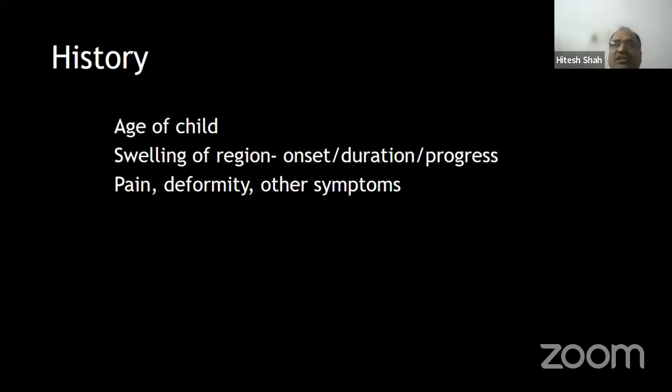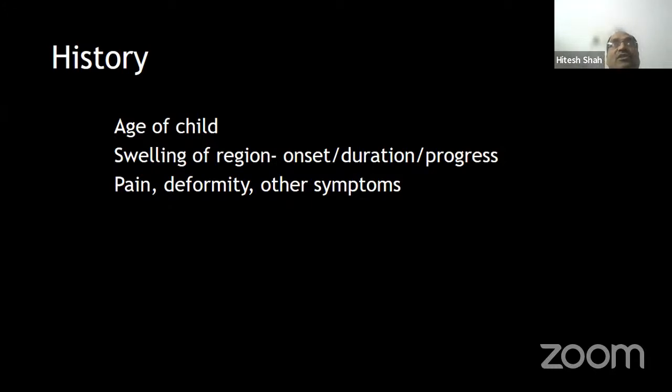If it is associated with pain, because this is a very important feature, pain before the onset of the swelling suggests osteosarcoma. And pain after a long-standing swelling suggests benign in nature. But pain and swelling together, you can have Ewing sarcoma or other malignant tumors.